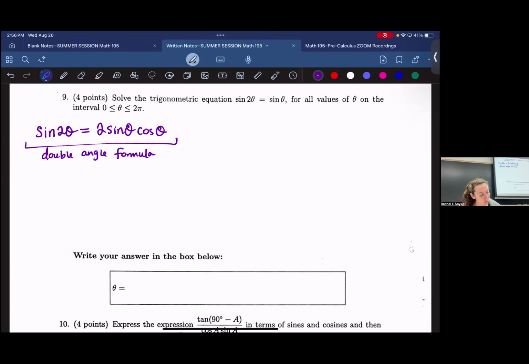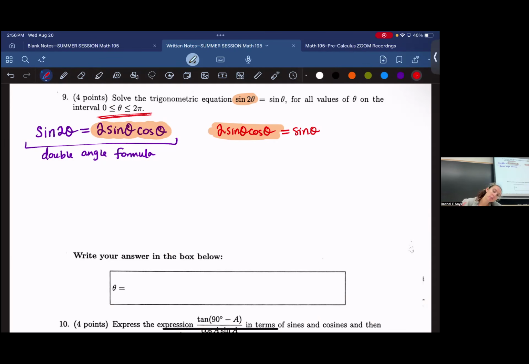We're asked to solve this equation for all values on the interval from 0 to 2 pi. So we're going to have some definite answers here. Straight off the bat, I'm going to substitute 2 sine theta cosine theta for my sine 2 theta. So we get 2 sine theta cosine theta is equal to sine theta.